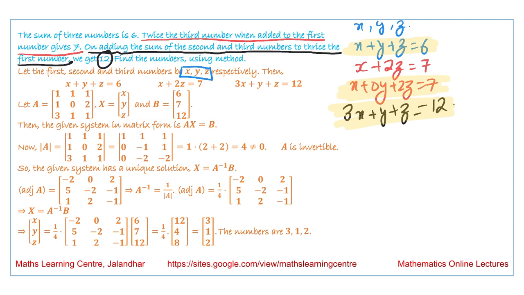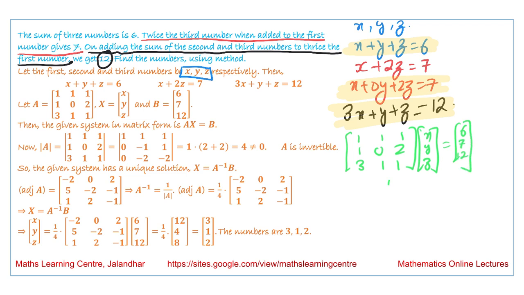If we write this in matrix form, the matrix we have is 1 1 1, 1 0 2, 3 1 1, into x y z, that is equal to 6, 7 and 12.